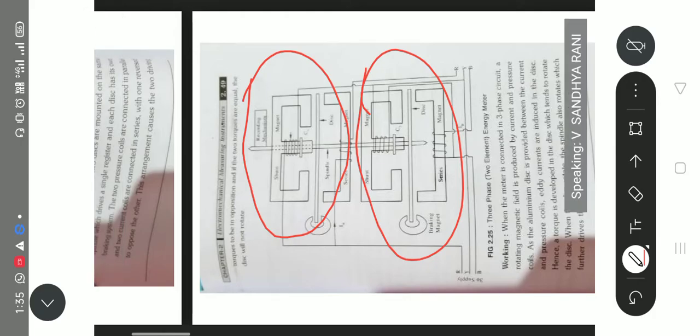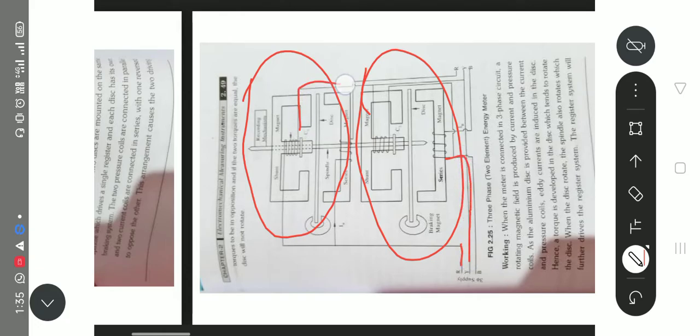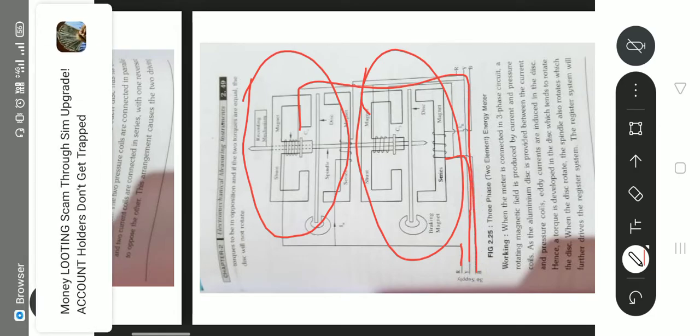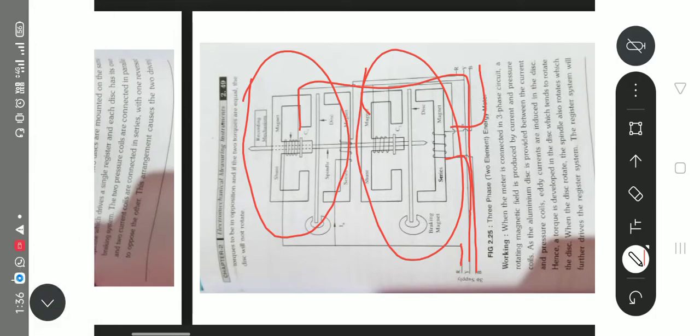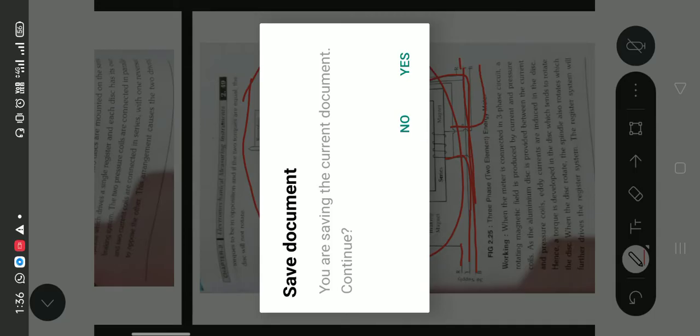The pressure coil on the primary side is connected to R, and the current coil is connected here. The secondary side is connected to Y. Here the current coil is connected to B on this side, and Y is here, and this is R. RYB are the supply.